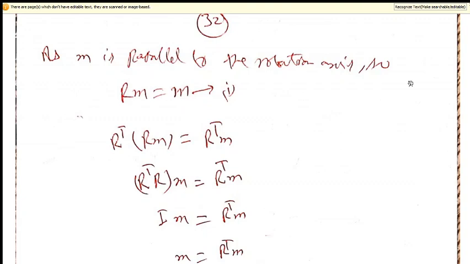And M is parallel to the rotation axis, so RM will be equal to M. M will not change when we apply R on M, because it is parallel to the axis of rotation. RM equals M. We denote this with Roman equation number 1.